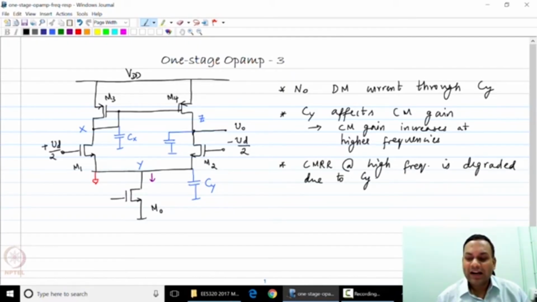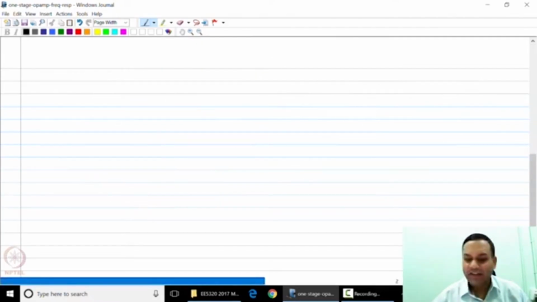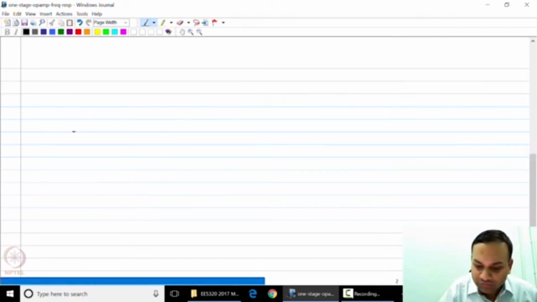We will now see the effects of Cx and Cz on the small signal differential mode analysis. So, let us quickly draw the small signal picture.